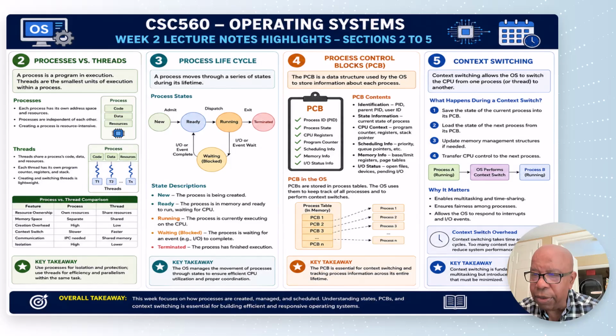Now, if you look at threads, threads share process code, process data, and resources. Each thread has its own program counter, as far as where the program is executing. It has registers and stacks. Creating and switching threads is lightweight. A thread is part of a process.